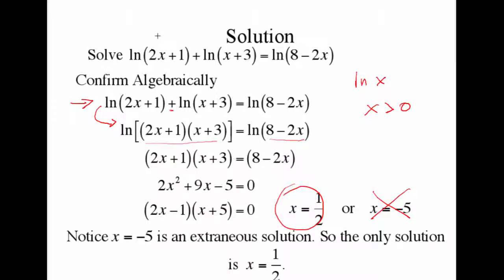But in this case, you see here, this is going to be a value of -9, and this one here would be a value of -2. So here we have two cases where the solution -5 does not work, because the natural log function is not defined for negative values. So we have to check for extraneous solutions.